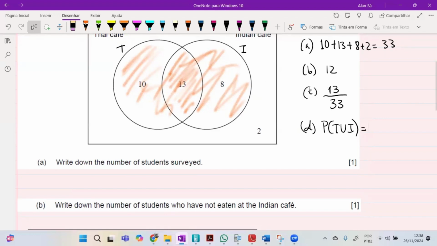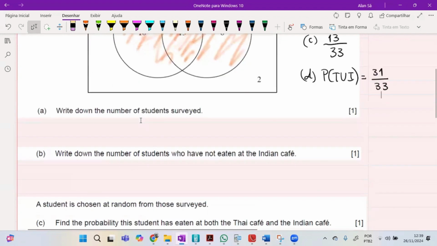The total is 33, take away these two, so 31 is the students in the union out of a total of 33 students. So the probability of T union I is 31, the number in the union, out of the total number of students, 33.